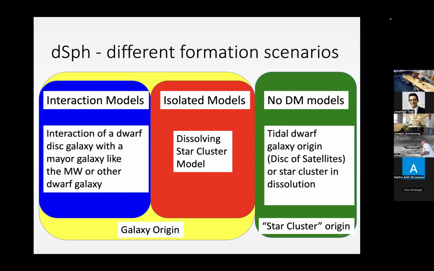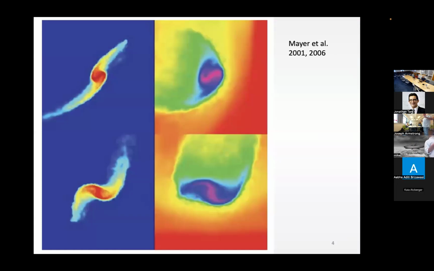We have the standard idea how dwarf spheroidals form, which are the models by Mayer and Donghia, that dwarf spheroidals are the disrupted remnants of little disk galaxies. And we can see here, these models work quite well.